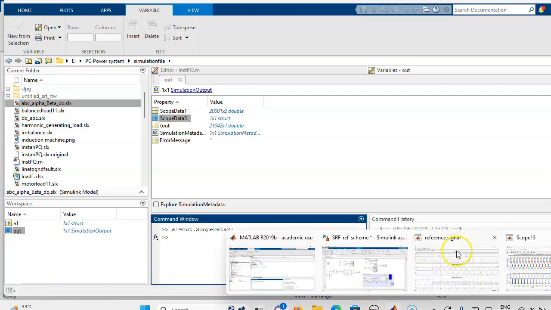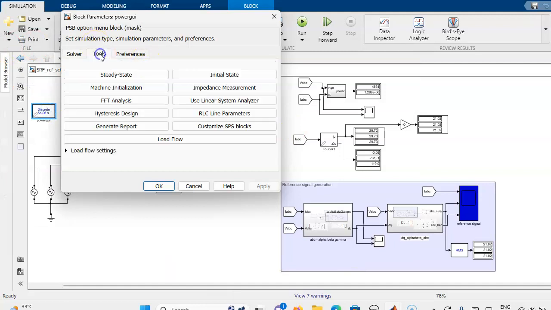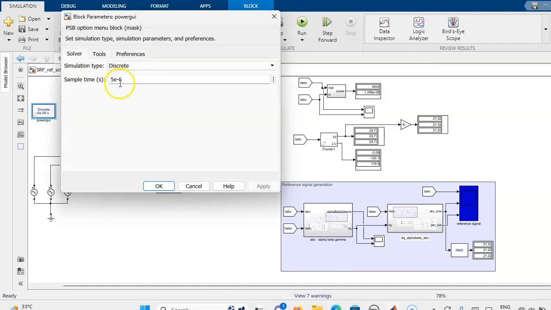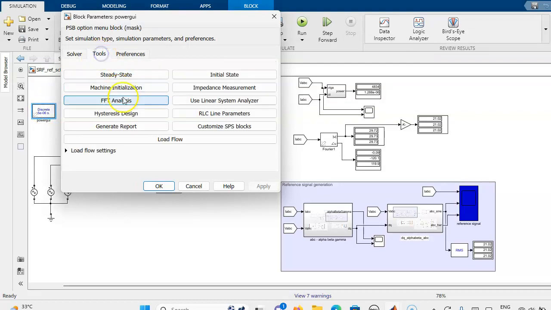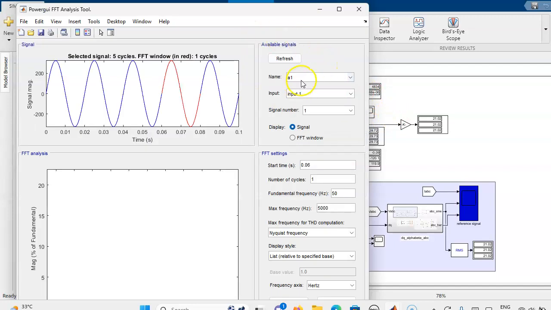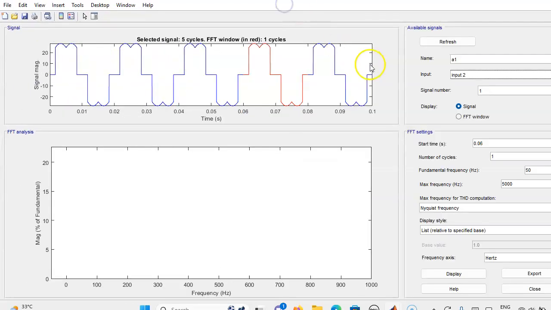Now if you see the FFT analysis here, you go to the discrete time, I have taken 5 e power minus 6, and you go to tools, FFT analysis. Here A1 is coming, the input current is your lower line current, that is the supply current here.